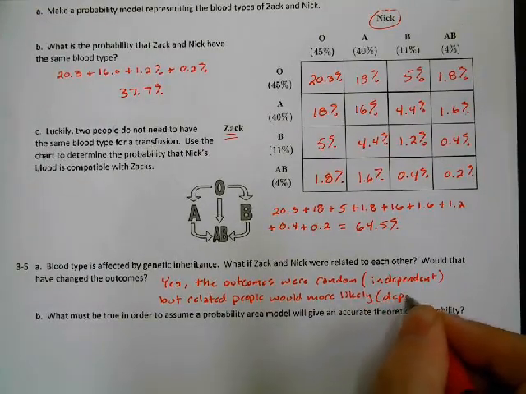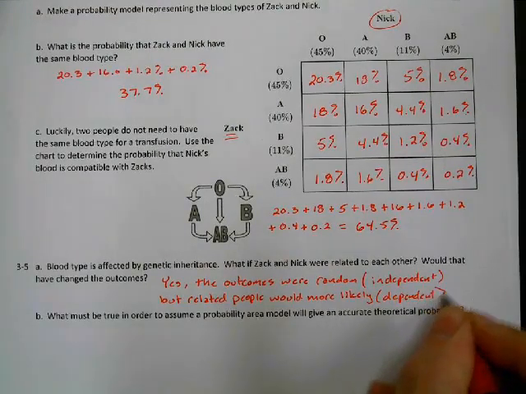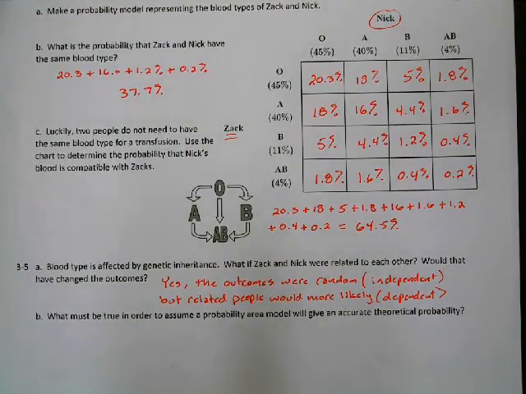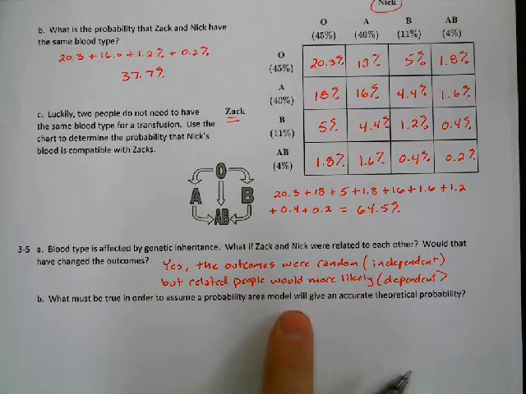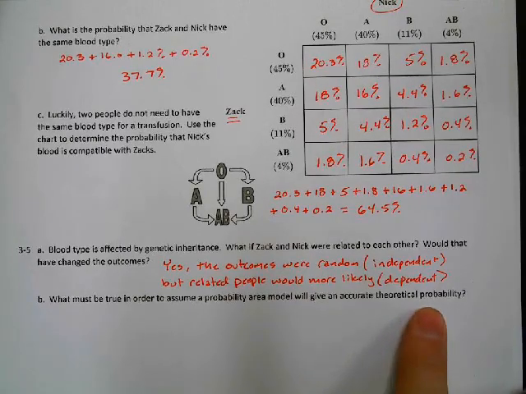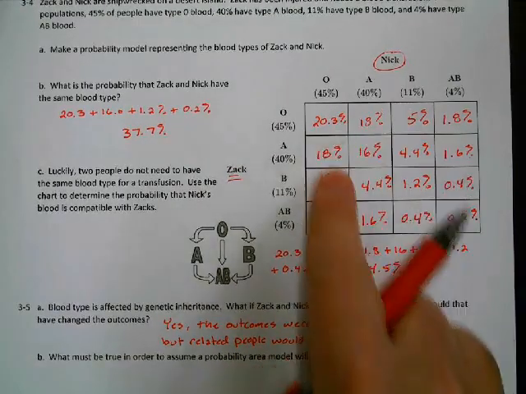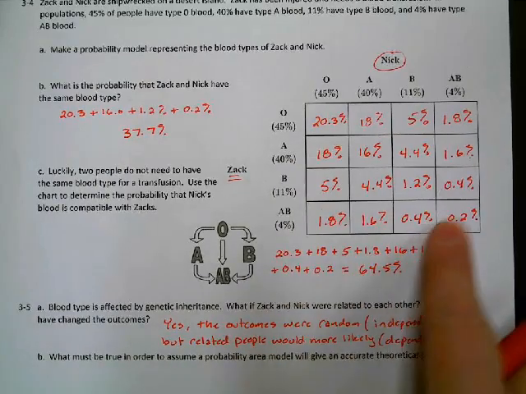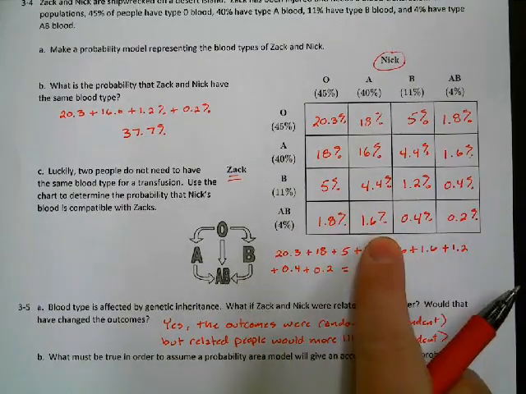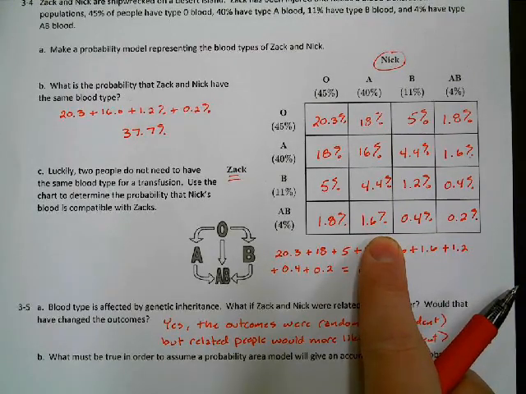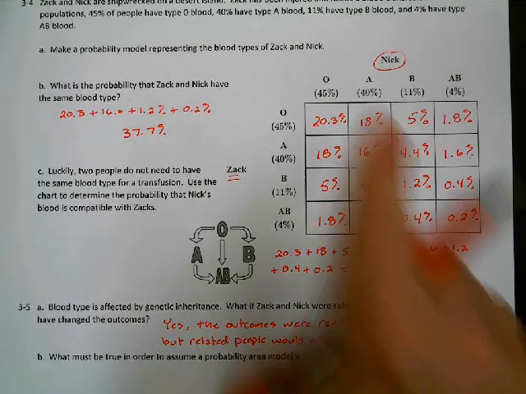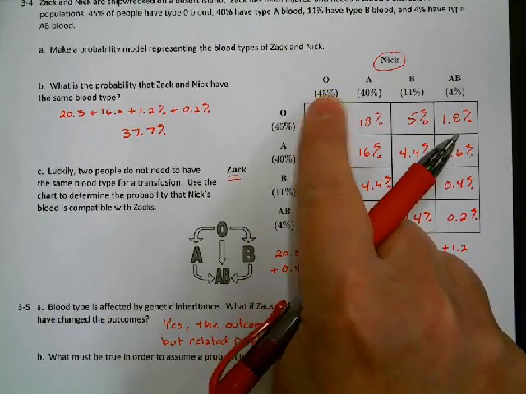What must be true in order to assume a probability model will give an accurate theoretical probability? That's kind of a weird thing. And here's what we're saying. If this is an accurate sample space of what we're doing, we have to assume that one thing is not affecting the other thing. So we're assuming that Nick's blood is not affecting Zach's chance of getting the same blood type.